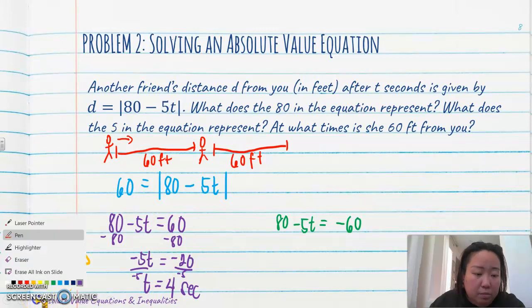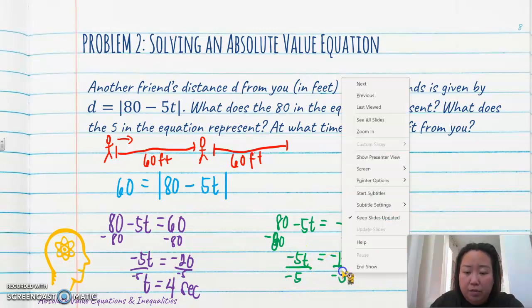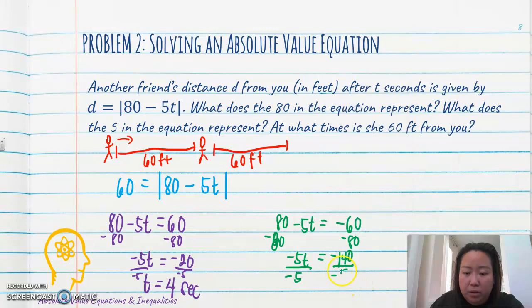The other time is when she has passed by you already. So we subtract 80 over here. So this is going to be negative 5t is equal to negative 140, okay? And so if you divide both sides by negative 5, oops, sorry, my bad.